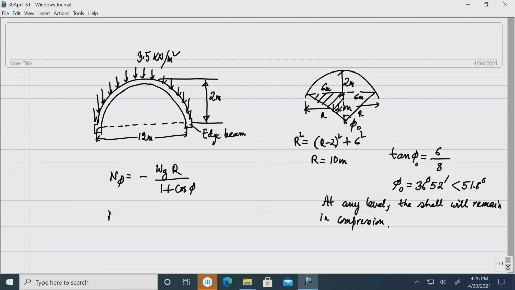So, substituting this, W g is 3.5, radius of the shell is 10, and this is 1 plus cos 36 degree 52 minute. By calculating this, we get n phi as minus 19.44 kilonewton per meter. So, shell remains in compression and the maximum value of compression, that is n phi, is 19.44 kilonewton per meter.